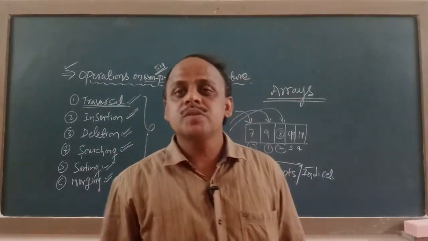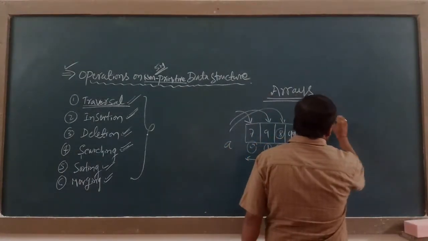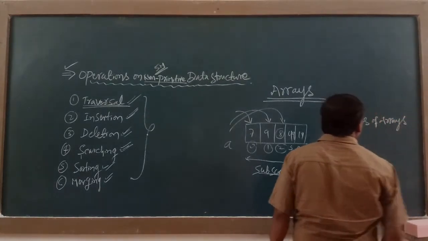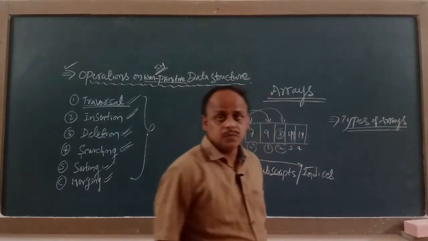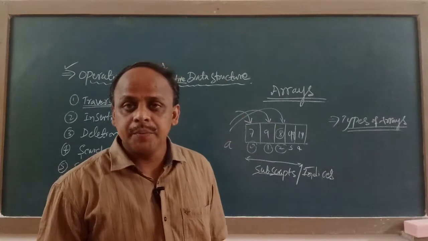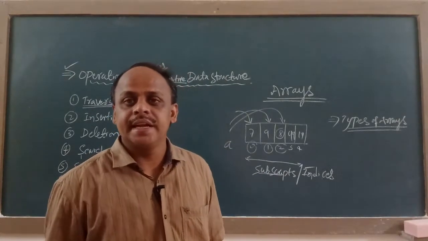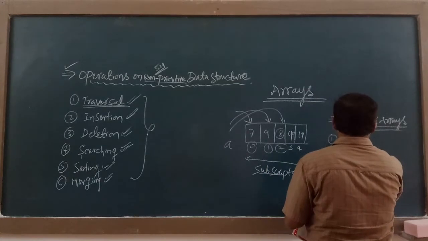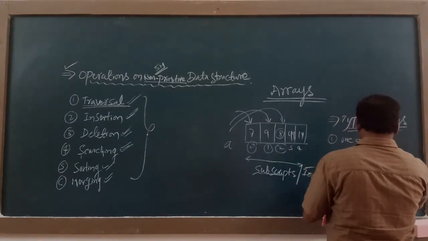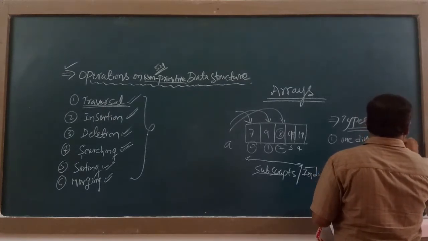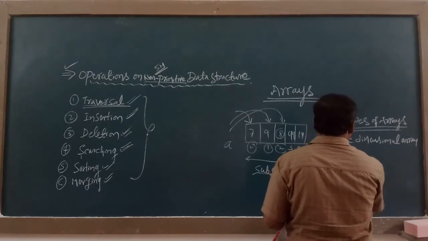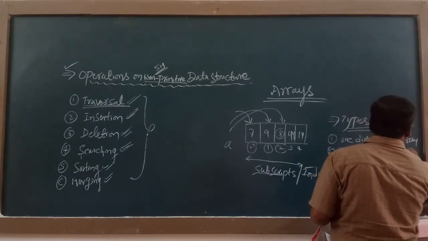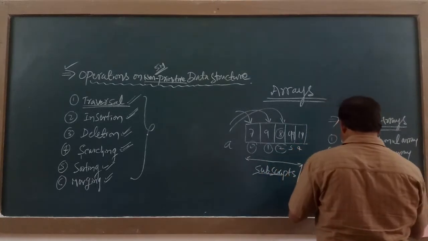Now, let us see the types of arrays. We have three types of arrays: the one-dimensional array, the two-dimensional array, and the multi-dimensional array.